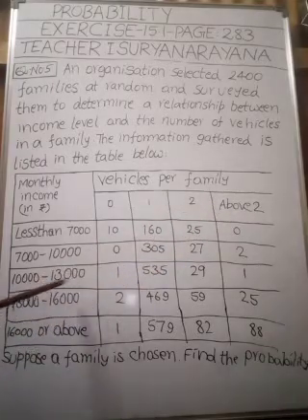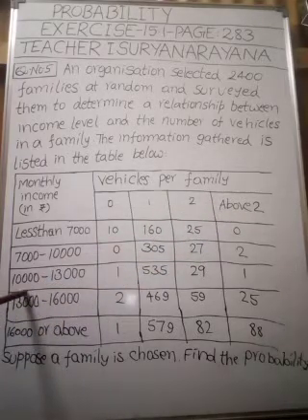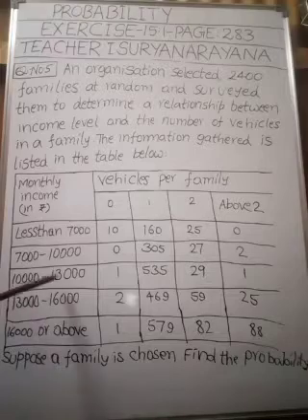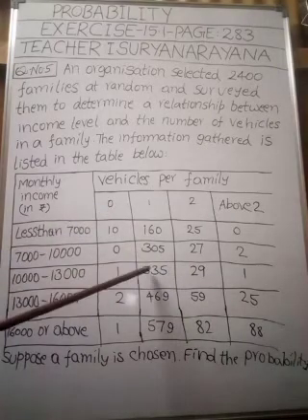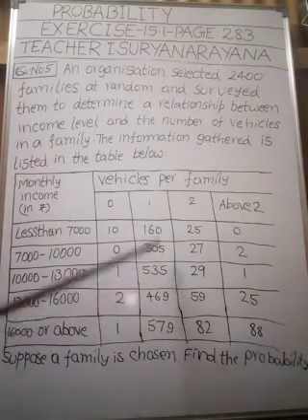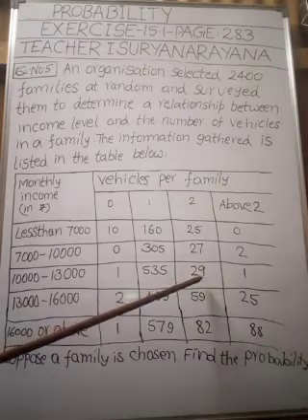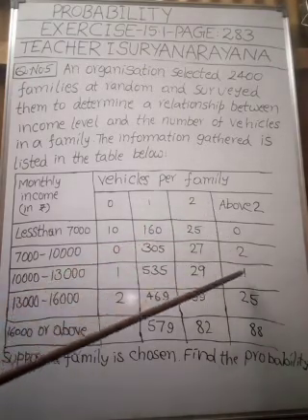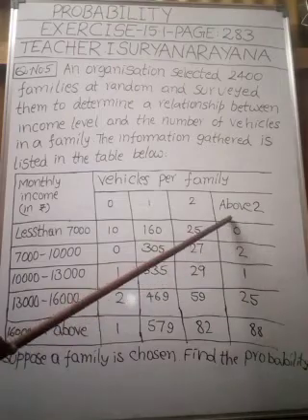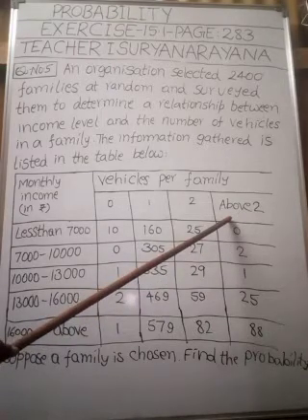Understood this table, my children? The families having income 10,000 to 13,000: one family does not have any vehicle, 535 families have only one vehicle, 29 families have exactly two vehicles, and one family has above two vehicles.